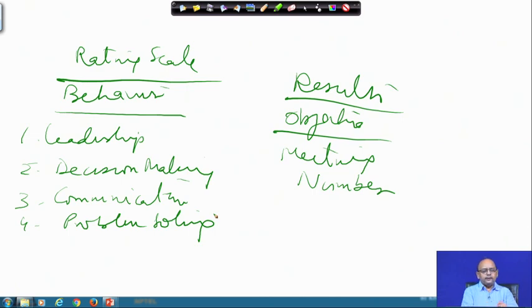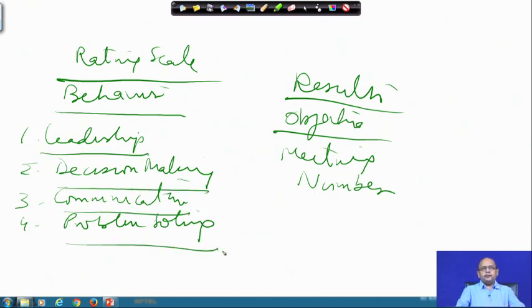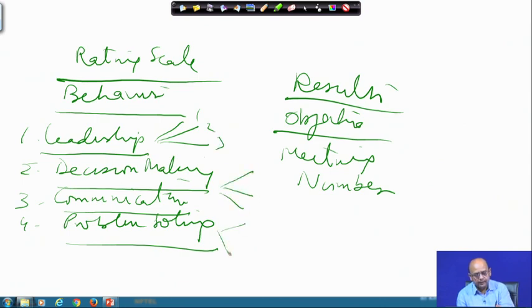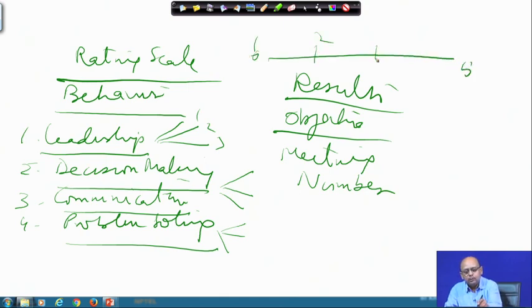So, for a manager you are going to use these behavioral skills. These are the competencies which are going to show. So, for these competencies you are going to identify the different kinds of behaviors, 1, 2, 3, which indicate whether these competencies are present or not. Then you are going to use a rating scale, say a 5-point scale 1, 2, 3, 4 and 5, right.